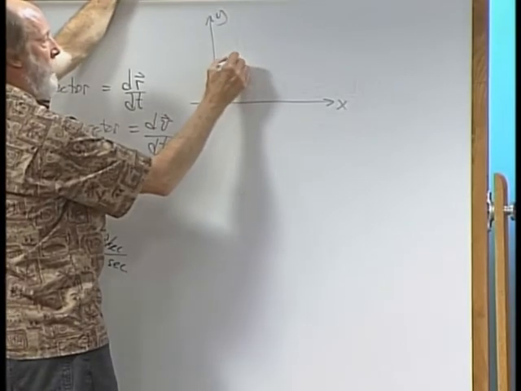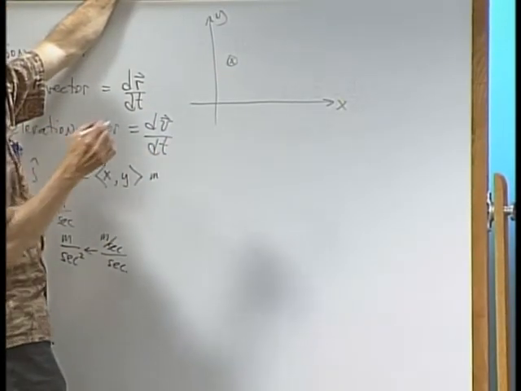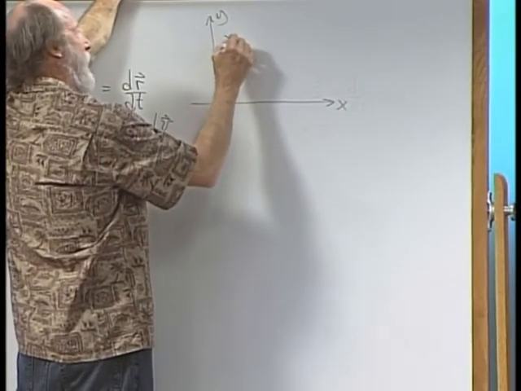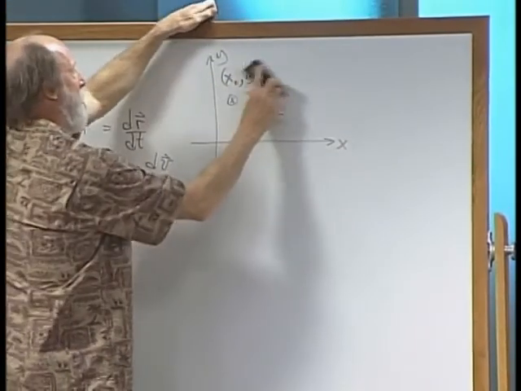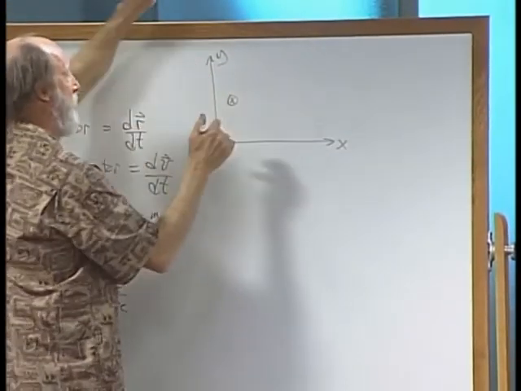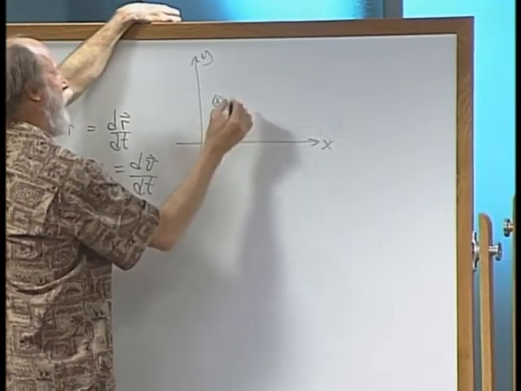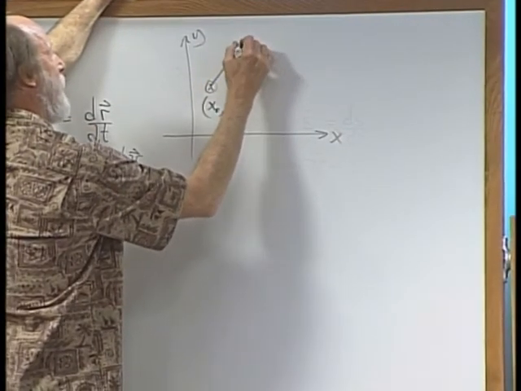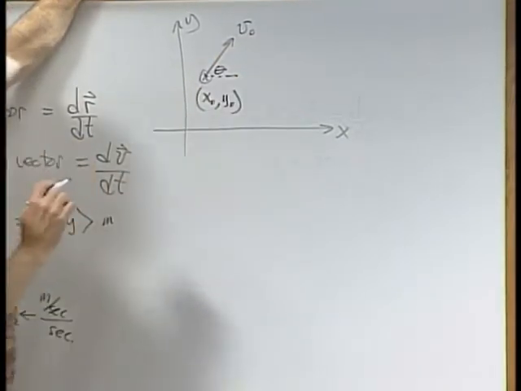So let's say we put the particle that we're going to project as a projectile up here at some x naught, y naught location. And let me fix this. I'm going to say it's x naught, y naught down here. And the reason is I want to give it some initial velocity, v naught, at some initial angle, theta.